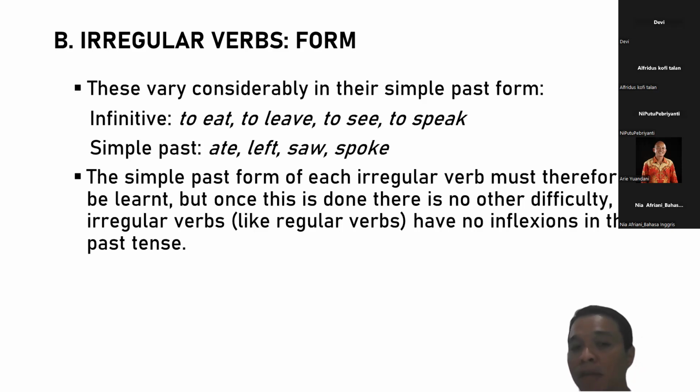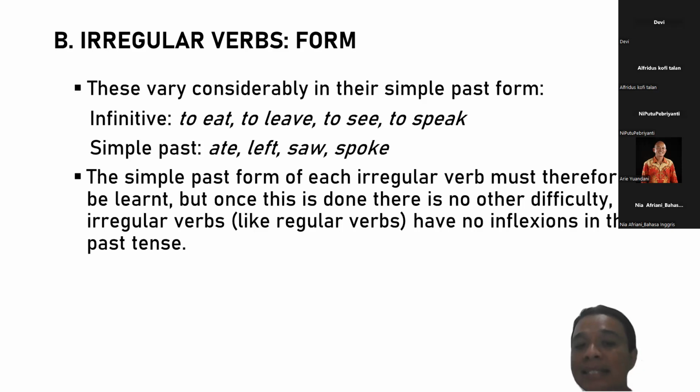So the irregular forms of those words in the simple past are: to eat becomes ate. To live becomes left. To see becomes saw. To speak becomes spoke. The simple past form of each irregular verb must therefore be learned.